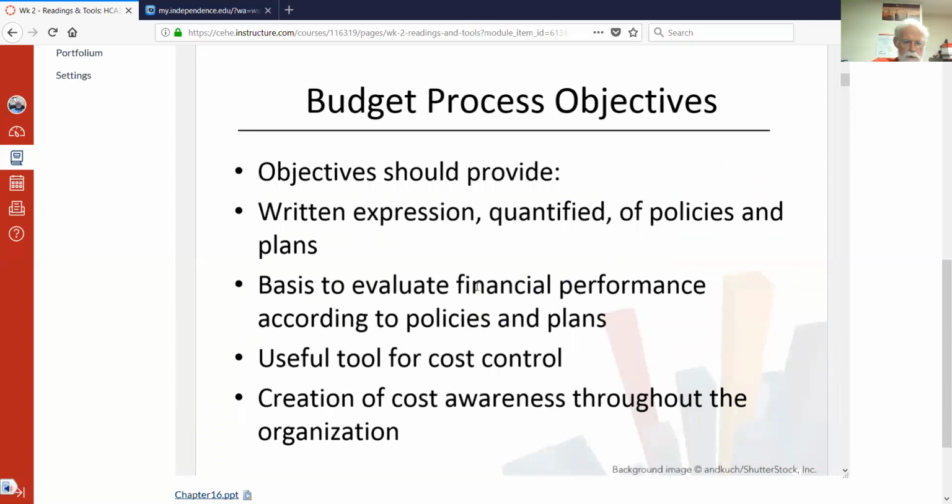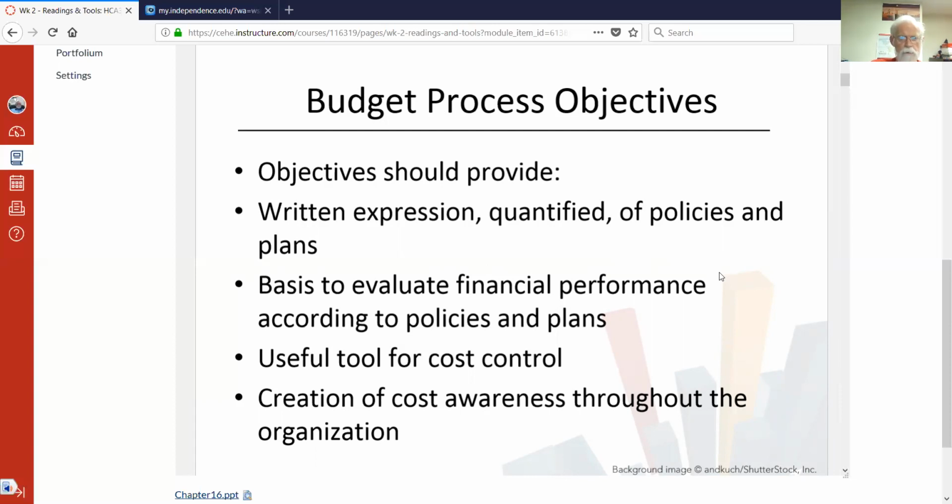There's a process of budgeting, and it's different in every organization how it's put together. So I'm not going to go too far into that. It's something that when you move into an organization, you need to understand what their policies and procedures are.